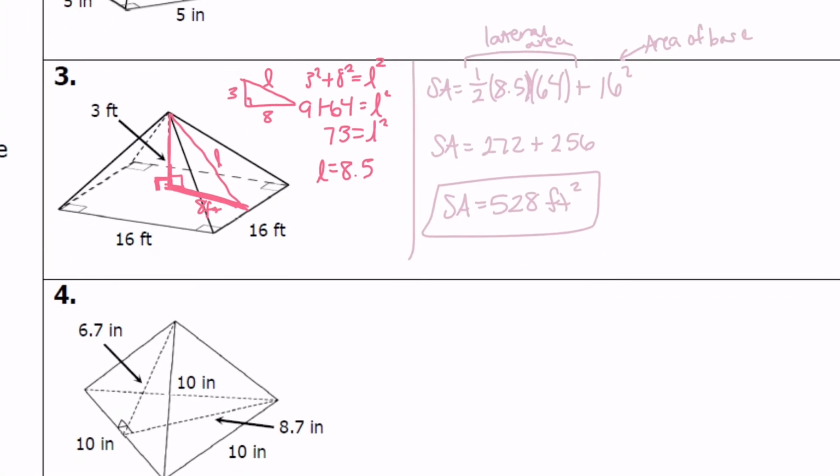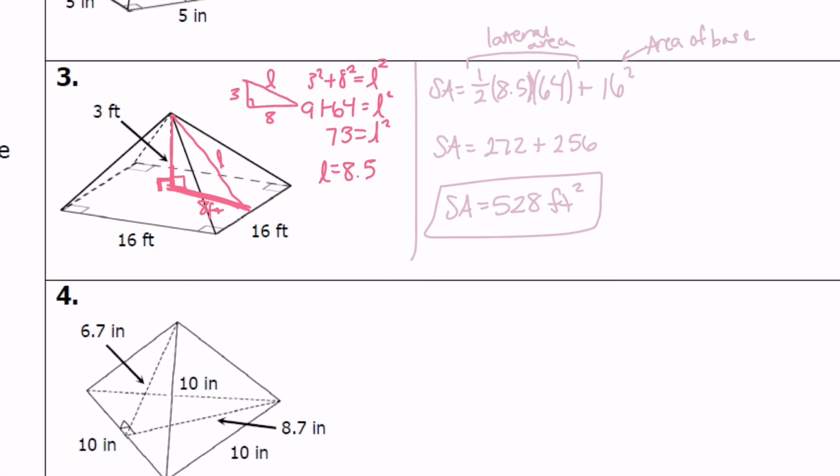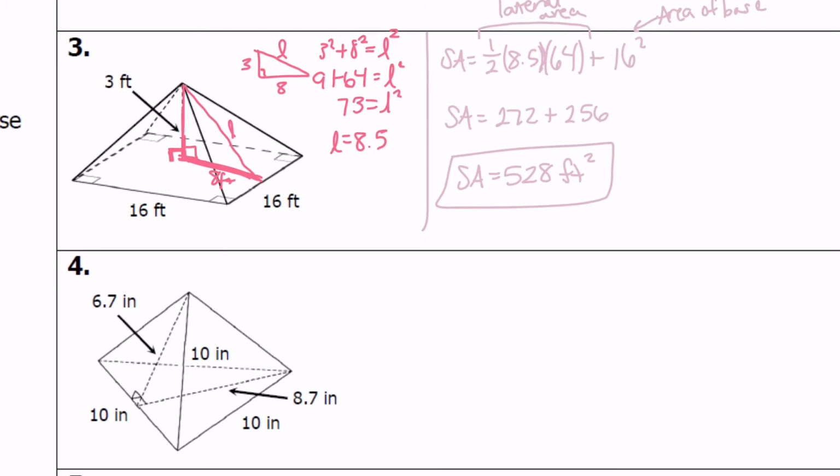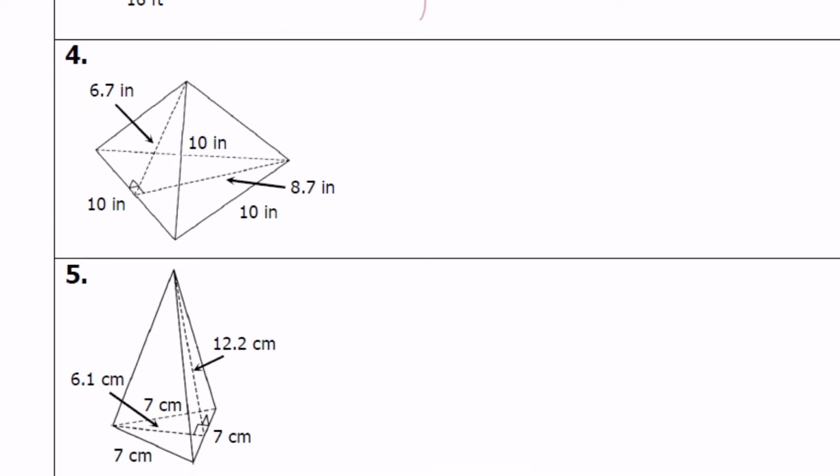So if you're given the height of the pyramid, when you have a square or rectangular base, you can find the slant by using your Pythagorean theorem.